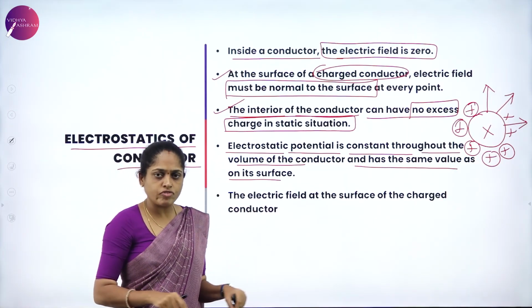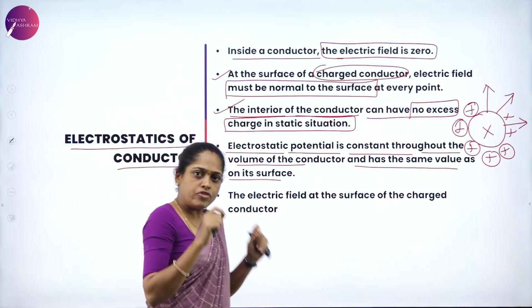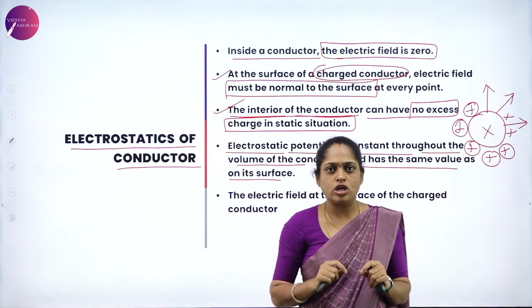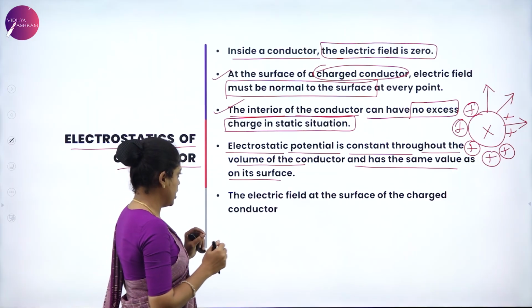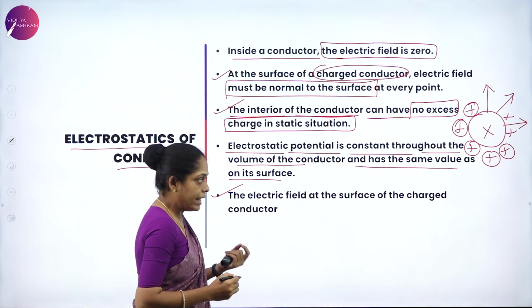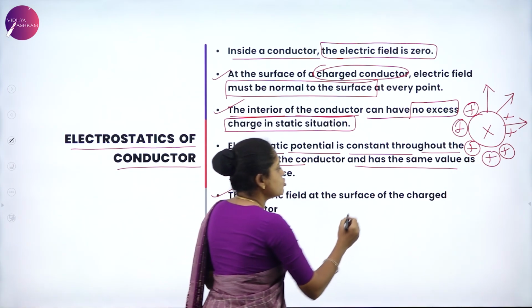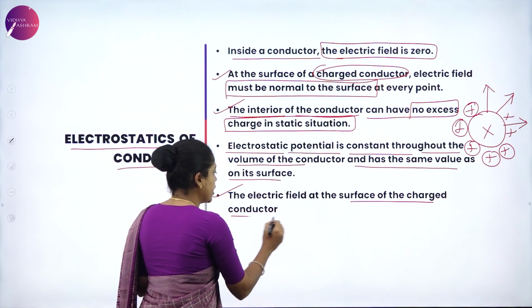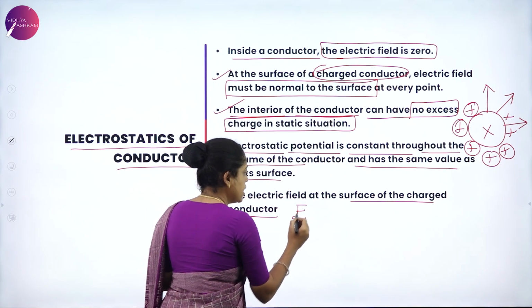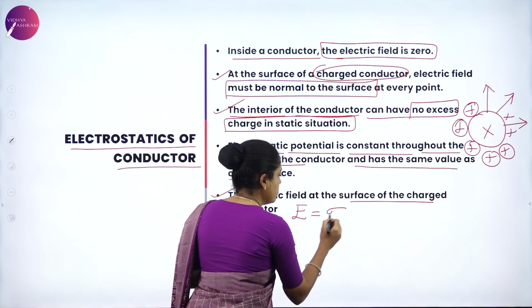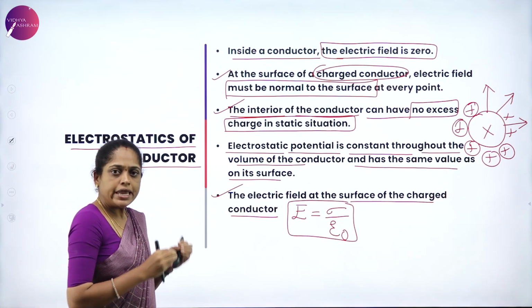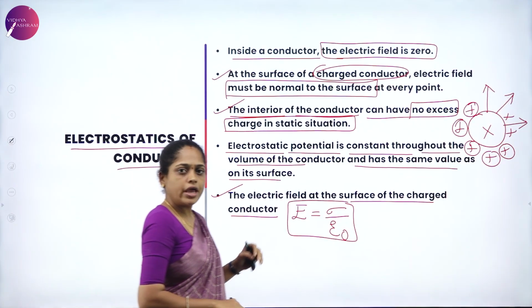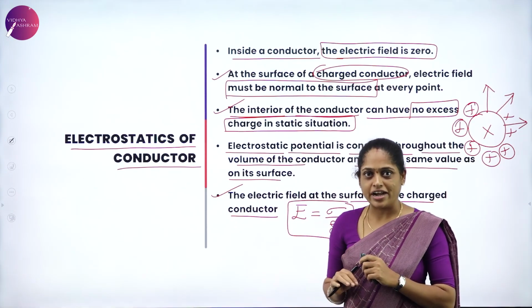Means on the surface of the conductor, at every point, the value of the potential is the same. And the last point of this conductor is, the electric field at the surface of the charged conductor is given by E is equal to sigma by epsilon naught. These are the 5 important points about the electrostatics of the conductor.